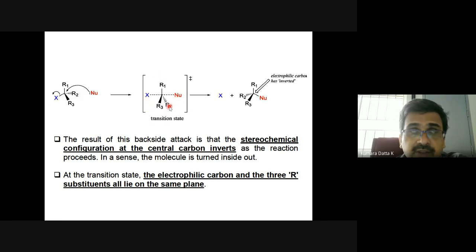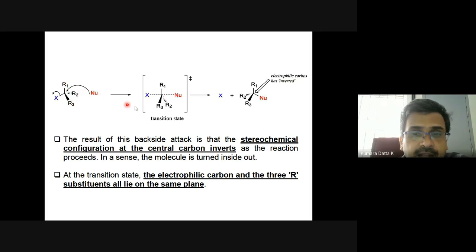This is very, very quick. Once this happens, you get an inverted configuration, meaning the electrophilic carbon is inverted. So now you can see R1, R2, R3.